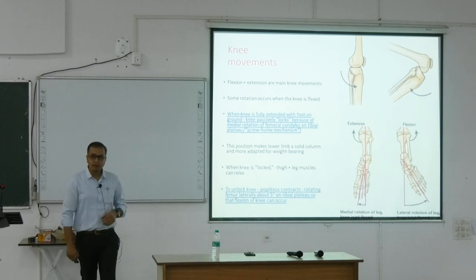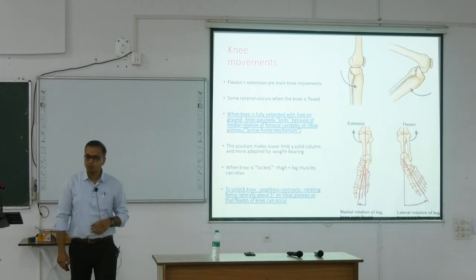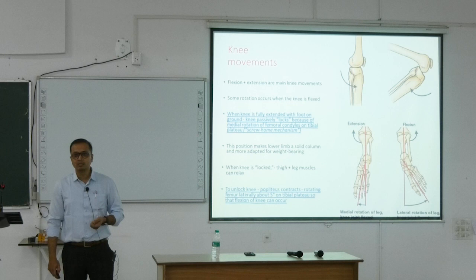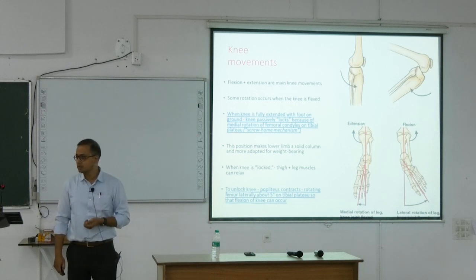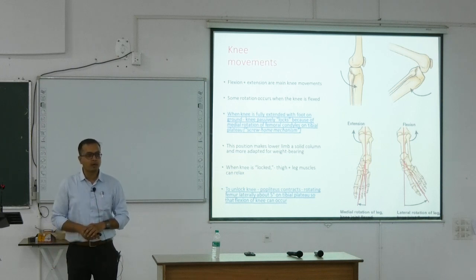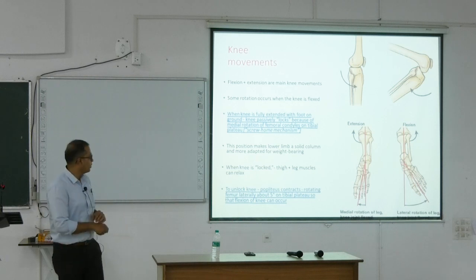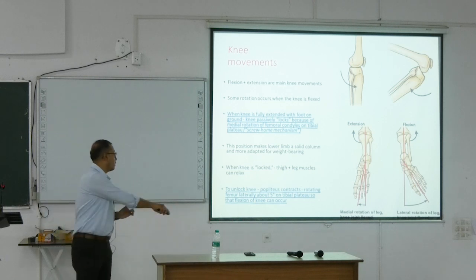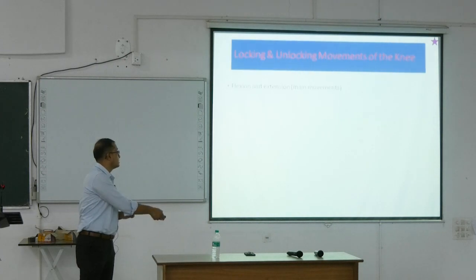Now coming to the movements. The prime movements of this joint are bending and unbending, which is flexion and extension, one of the commonest things we must address. Along with that, the clinical importance of this joint involves two other movements, which we call the locking and unlocking movements.